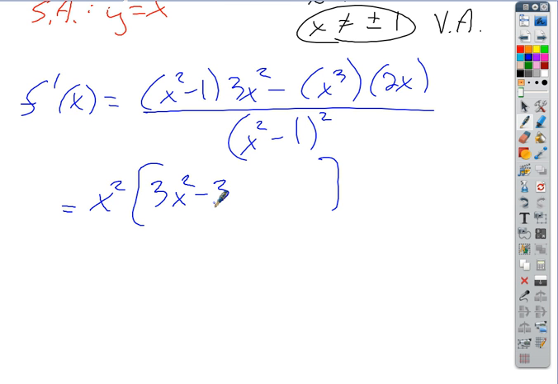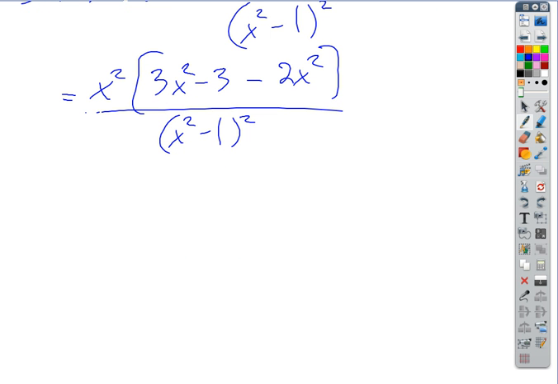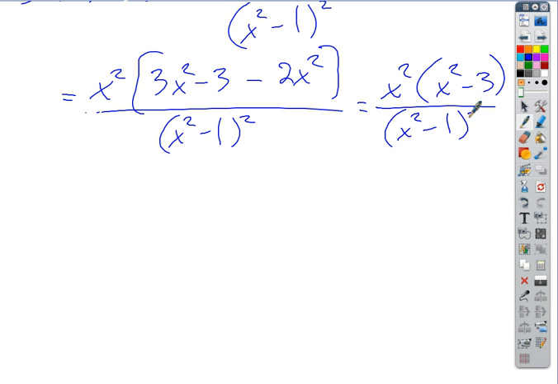If I take out an x squared, you're left with minus 2x squared. And so I get x squared times 3x squared minus 2x squared, which is x squared, minus 3. Okay, good stuff.